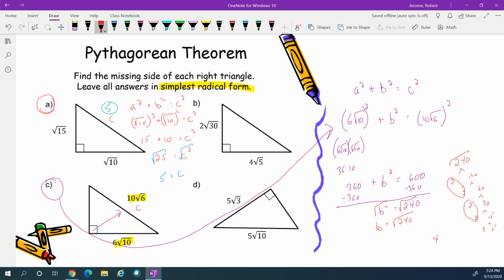And I get 4 square root 15 for B. And that is the measurement of that side of the triangle, 4 square root 15. So we are going to have to be proficient with our radicals work to accomplish these types of problems. Okay. Let's stop there, and we're going to do more work with radicals throughout the year and with Pythagorean theorem throughout the year.